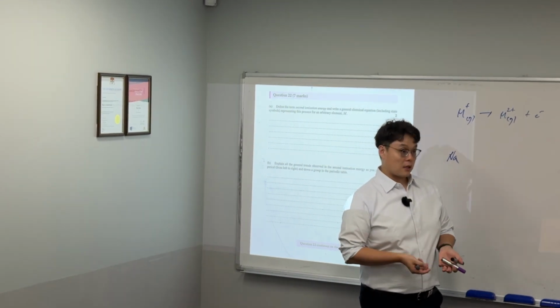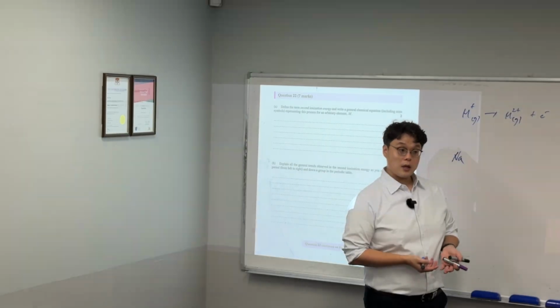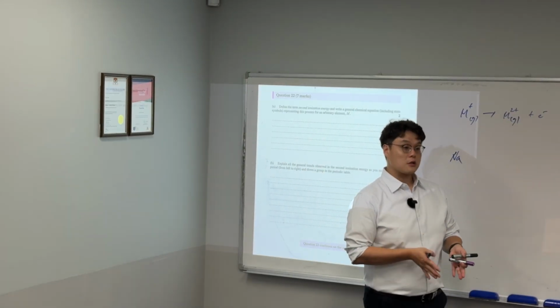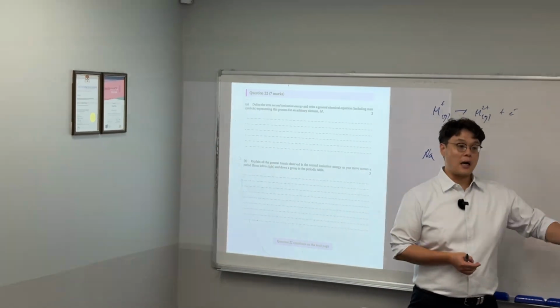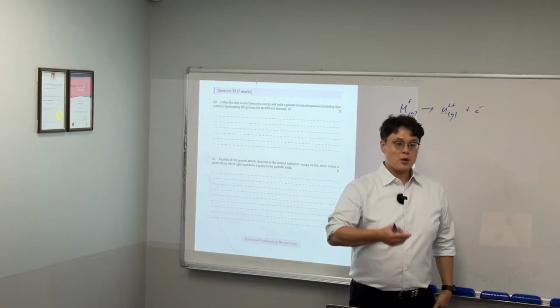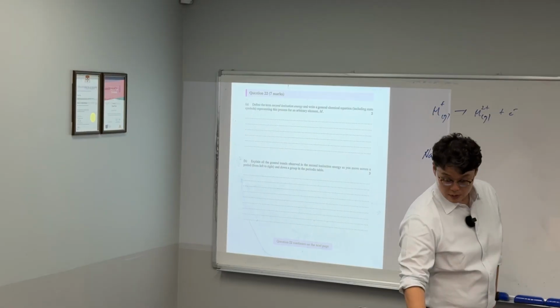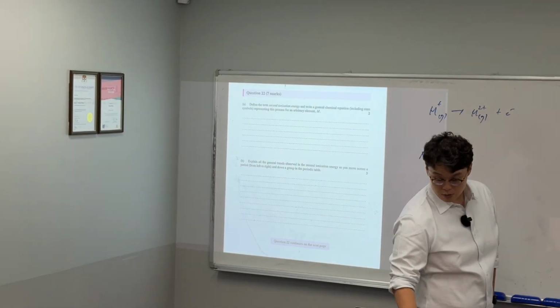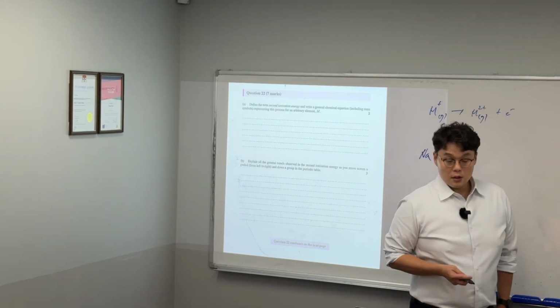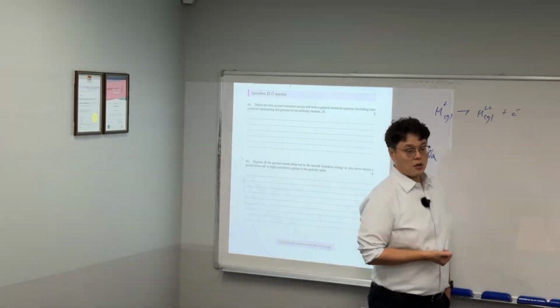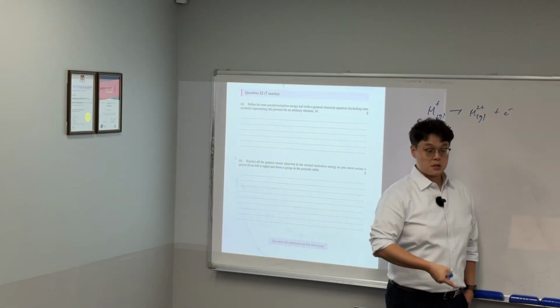But what about group 2? That will be significantly lower. And the trend will be the same as the first ionization energy. What about going down the group? It's the same. The second ionization energy also decreases going down the group.